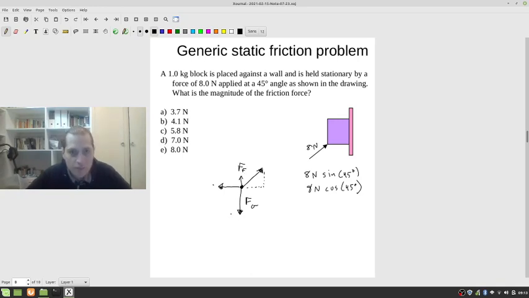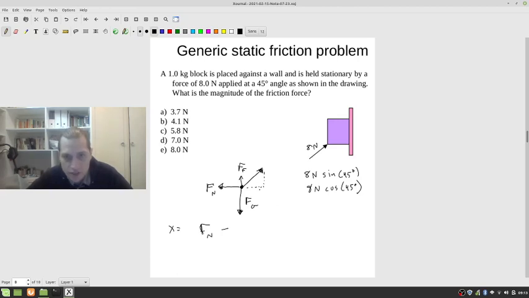Now, how would I set up the equation for how to find the magnitude of the force of friction? Well, I would write down all my equations in the x direction and the y direction. Here's my normal force pushing out perpendicular from the surface.